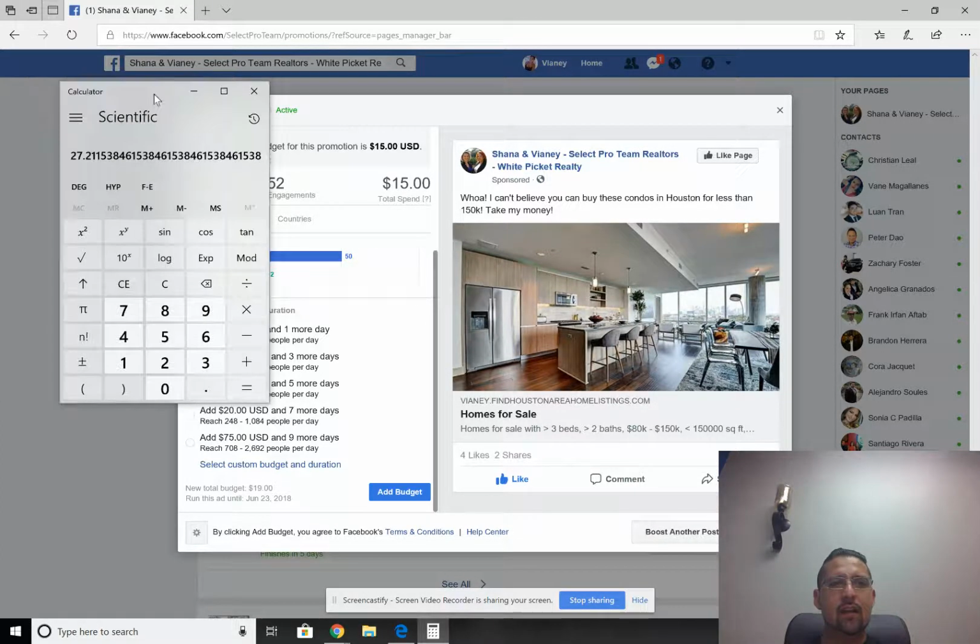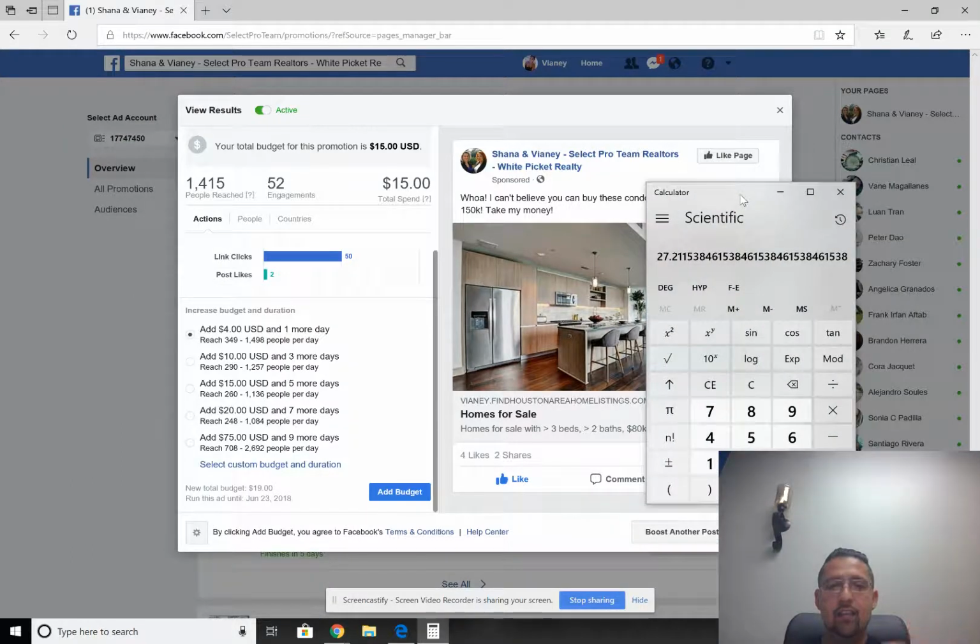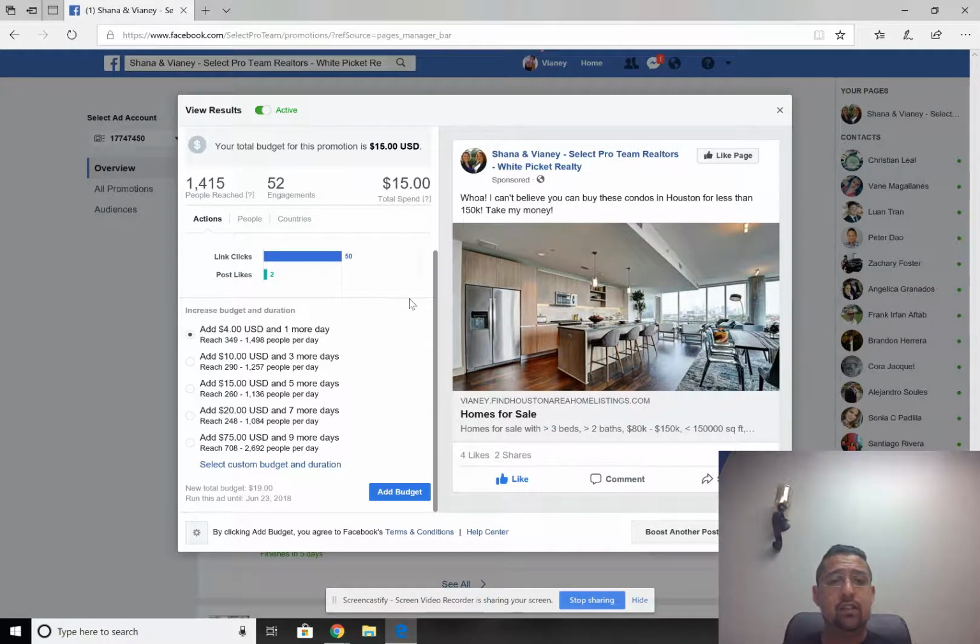So for every 27 times somebody saw her ad, they were actually clicking on it. Now, they also had the two likes. So two people liked the post, 50 of them actually clicked it. This is pretty good, but it doesn't give us everything that we want to know.